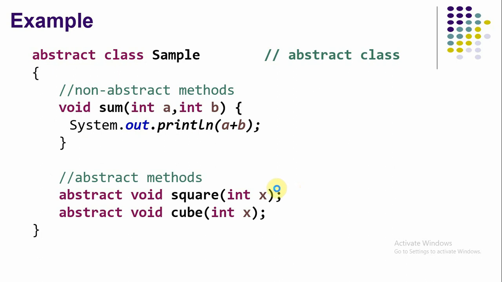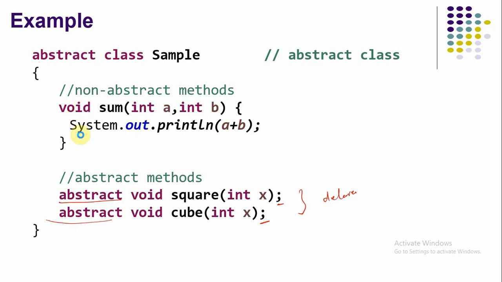This is an example of how to design an abstract class: you use the abstract keyword and class name, and inside we can have abstract methods and non-abstract methods. For an abstract method, we use the abstract keyword and the function, there is no functional logic, the body is not available, and it ends with a semicolon. It is just a declaration of the function.